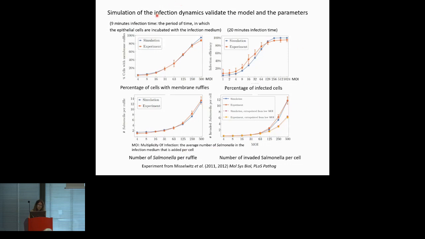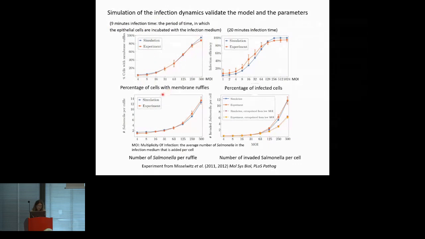So here we have the simulation of the infection dynamics, first 9 minutes infection time, and here 20 minutes infection time. The simulation is a blue curve and the experiment is a red curve.